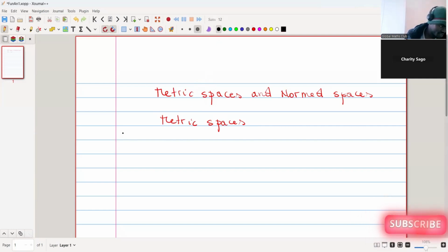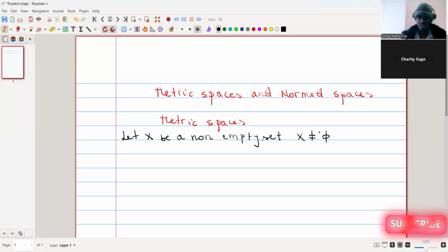Let X be a non-empty set. So this means that X has at least one element. We are going to define a metric, because we know that a metric space is a couple of a set X endowed with a metric.